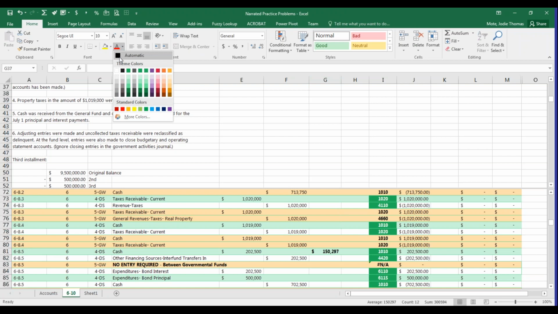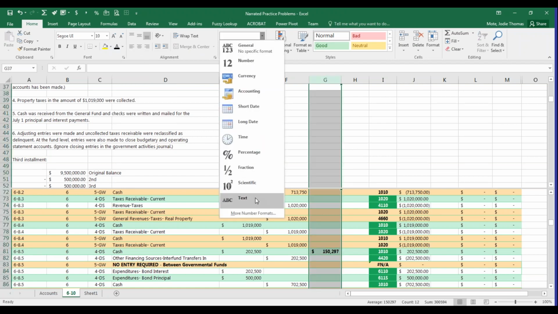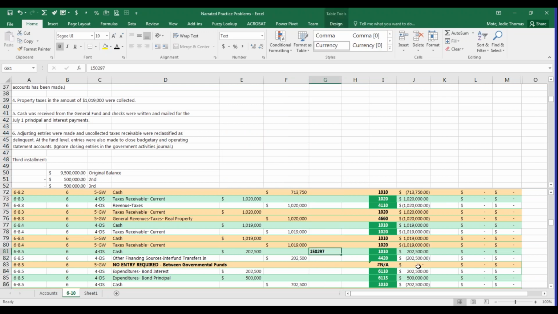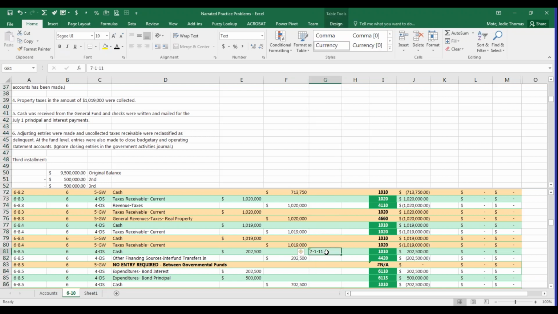Oop. And what's going on there? Let's see how that text. 7/1/1. Okay, there we go. Let me get rid of the bold too. All right, so these were all, let's see, 7/1/71.